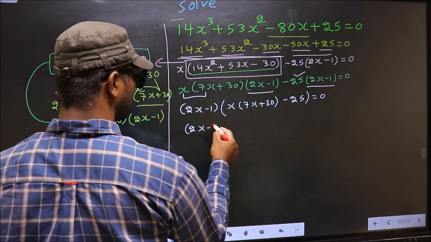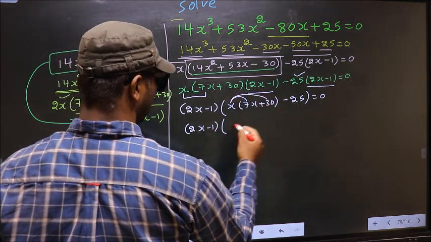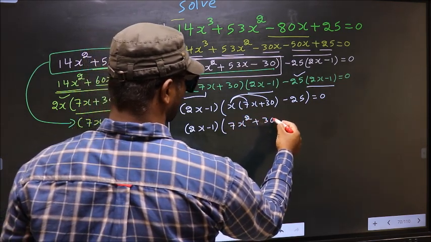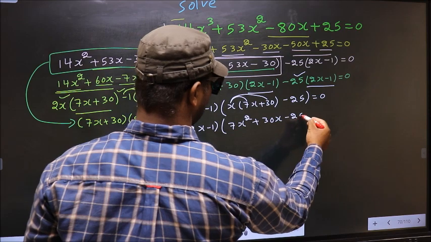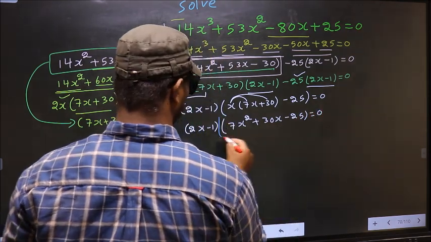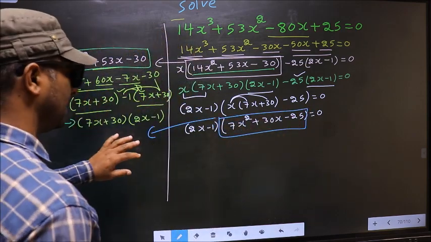Now 2x minus 1. Here you open up the brackets in this way. You get 7x square plus 30x minus 25 equal to 0. Now we got a quadratic. I will factorize the quadratic here.